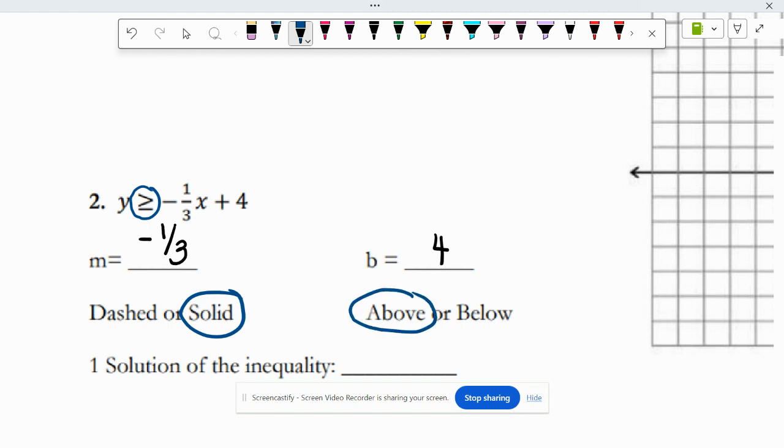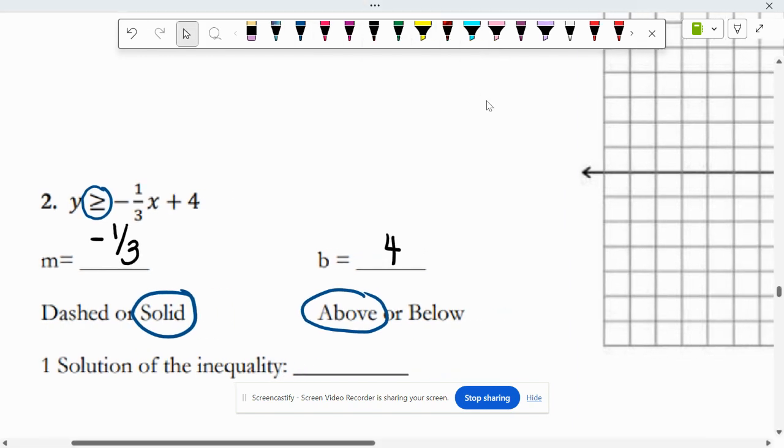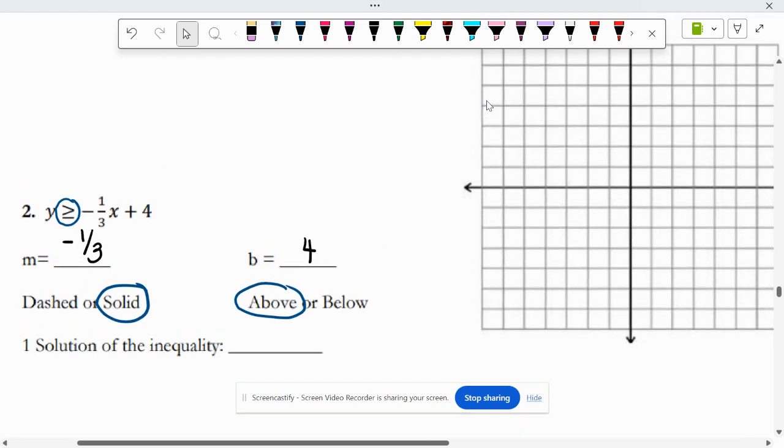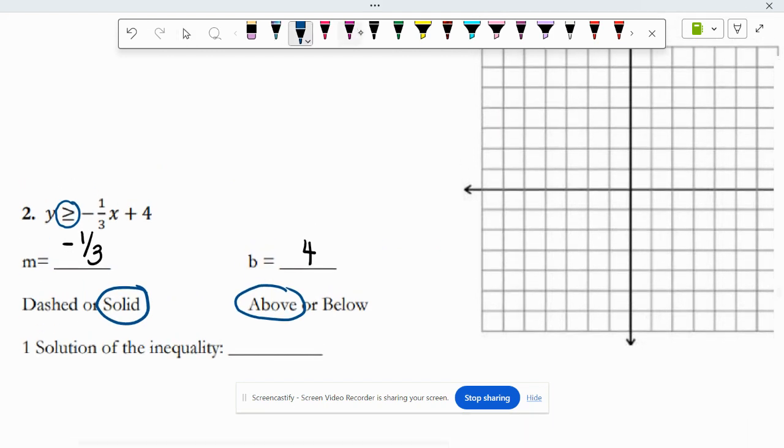Okay. Carla, can I call on you? Where are we going to begin? Where do we start our graph? The y-intercept at +4. 1, 2, 3, 4. Sebastian, what is our slope? So I'm going to go what direction? Up or down?